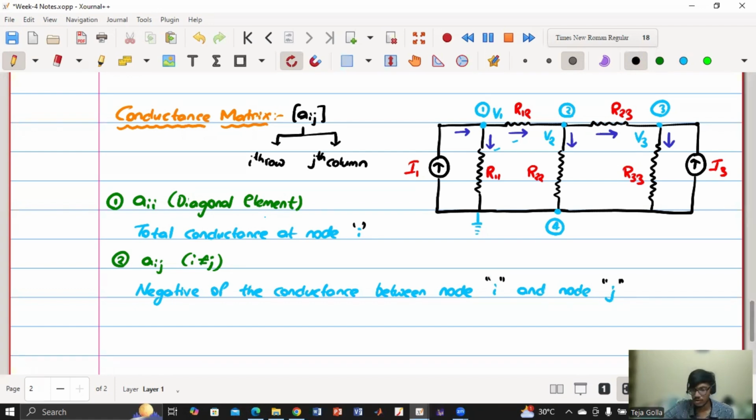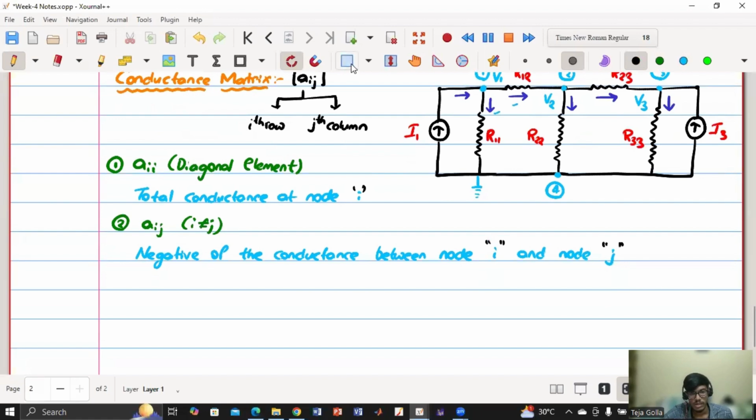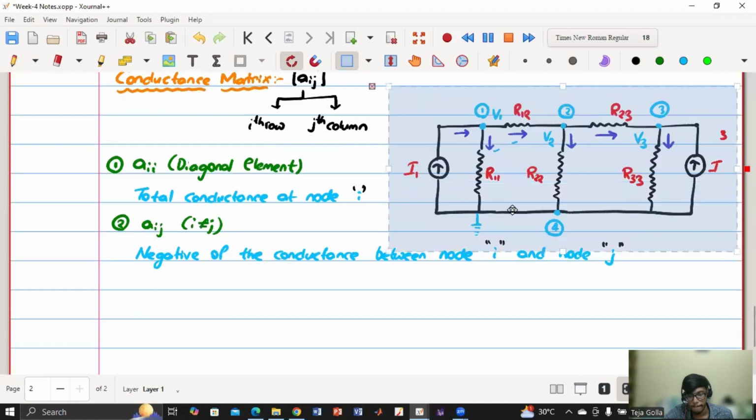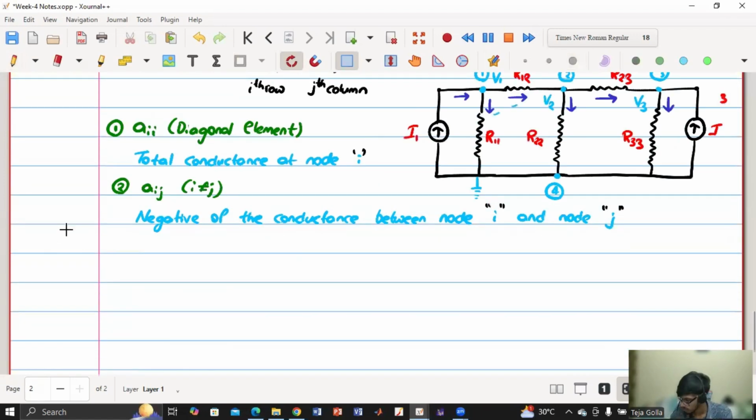Okay, so now using the same example, let us try to write the conductance matrix. First let us draw the matrix. It's a 3 cross 3. First we'll write the diagonal elements. A diagonal element is the total conductance connected at the node.